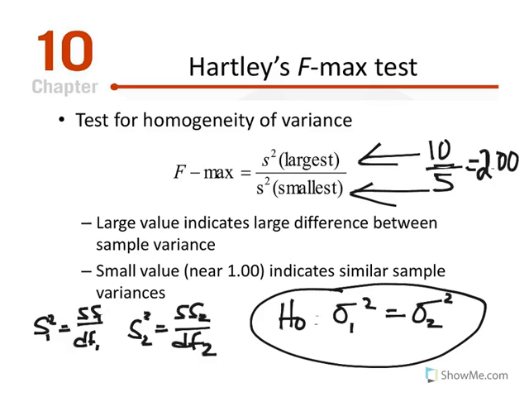In this case, the data suggests that the population variances are different and that the homogeneity assumption has not been satisfied. So we are going to take a look at the F distribution, which looks different than the normal distributions that we have been accustomed to using. It is skewed in the positive direction, and in the center is a value of 1.00.